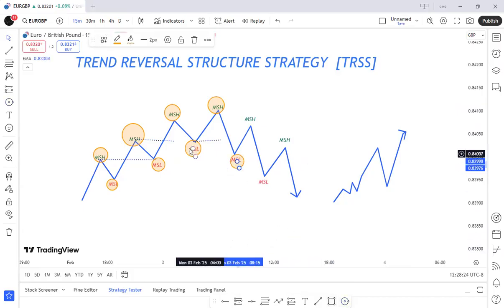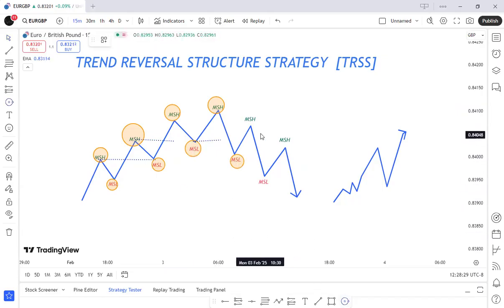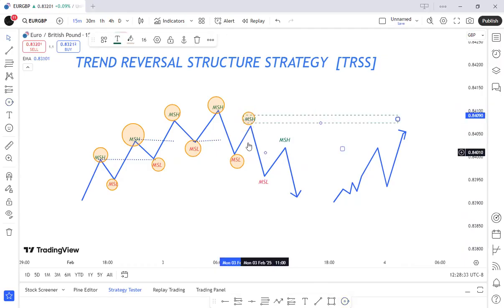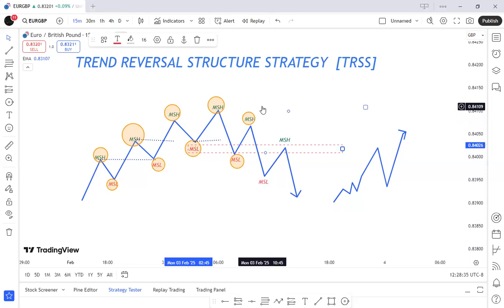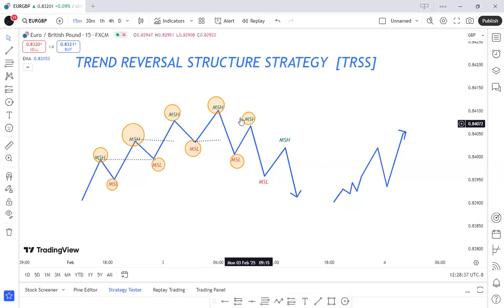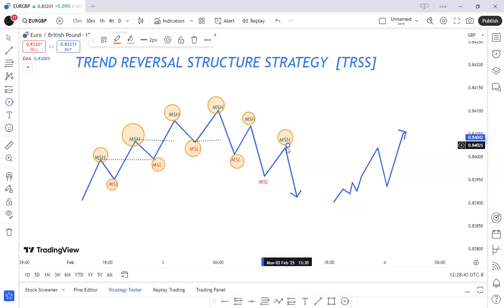Notice this low is lower than this one, so a change of structure occurs and the highs are dropping down, which tells you the market is bearish. The sellers are in the market pushing the price down, and the swing lows are now swinging down.